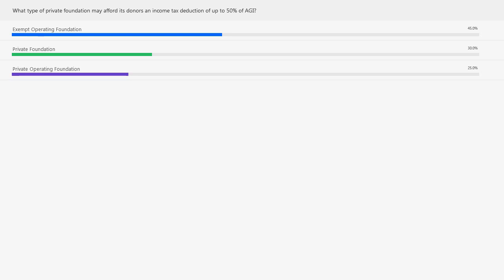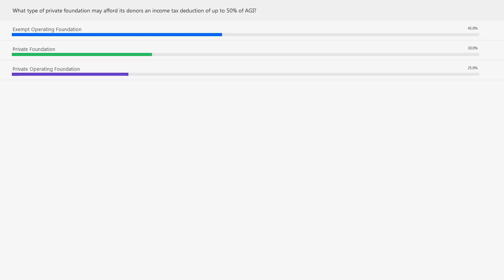Some may wonder why somebody would want to be an exempt operating foundation, because they usually have to qualify anyway under a lot of the public charity rules. And then private foundations, just a general grant-making private foundation, can afford its donors an income tax deduction of up to 30%.